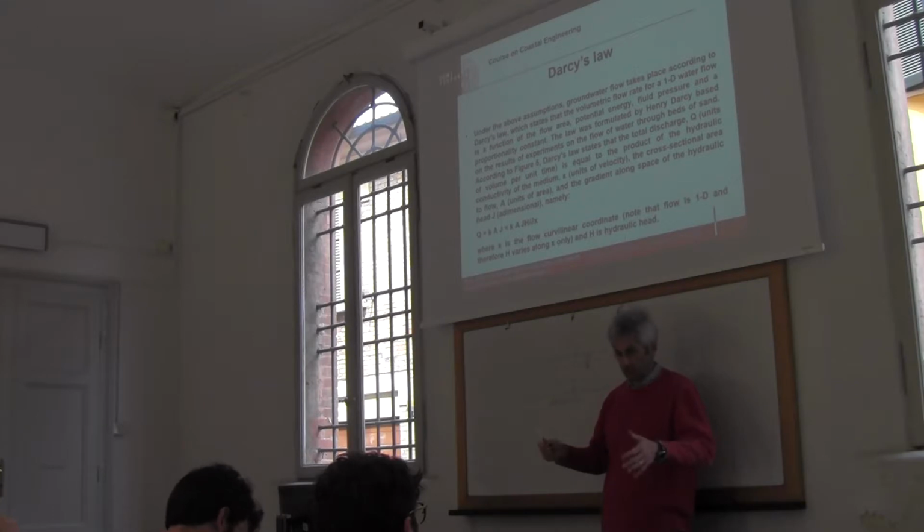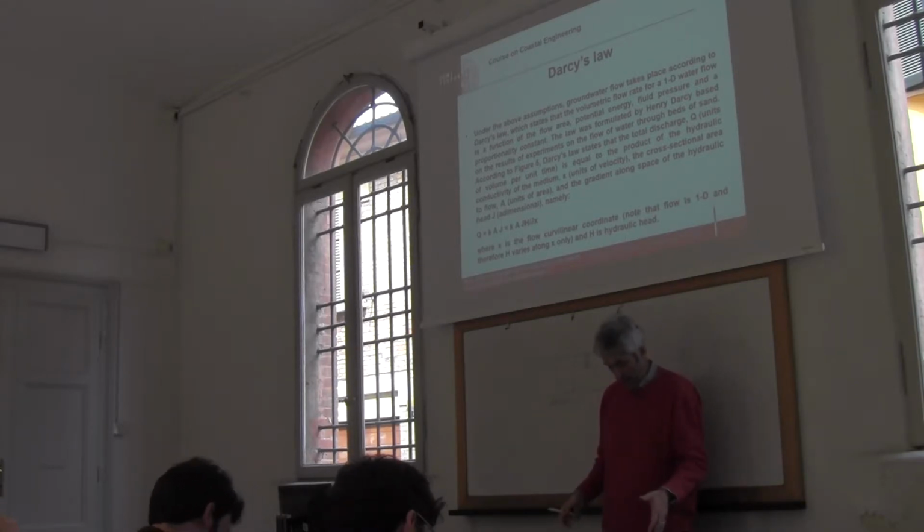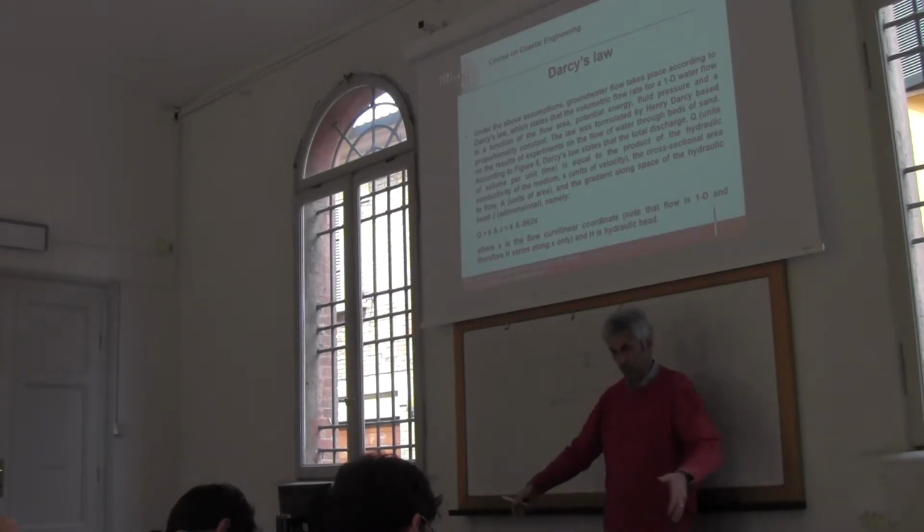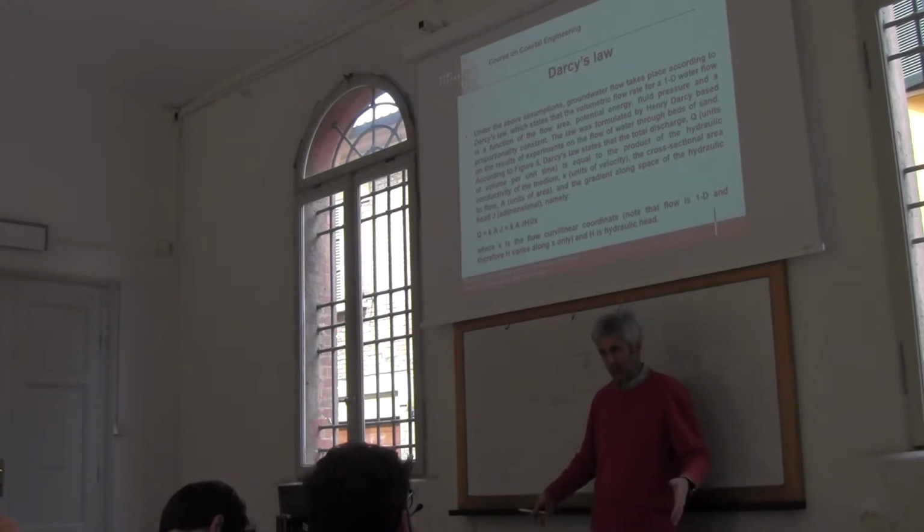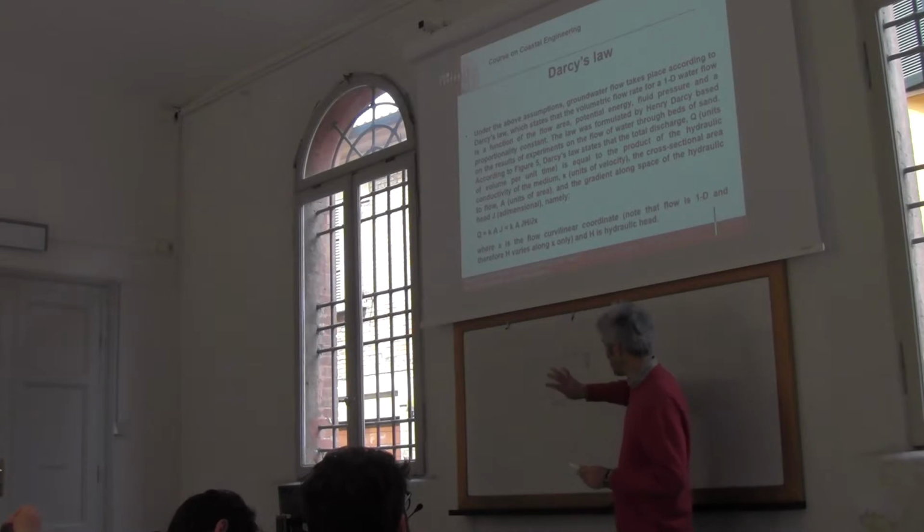So basically what we do, if we look at the underground, we isolate a portion of the aquifer which we are interested in, and let's suppose that we can estimate the average velocity vector of the flow into that portion of the aquifer. And now let's look at the blackboard.